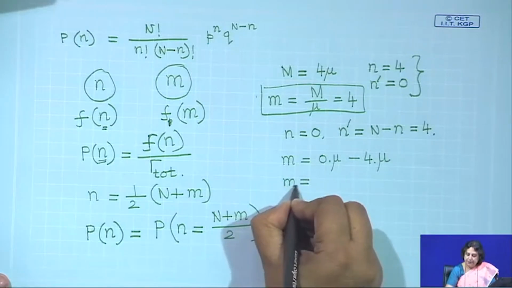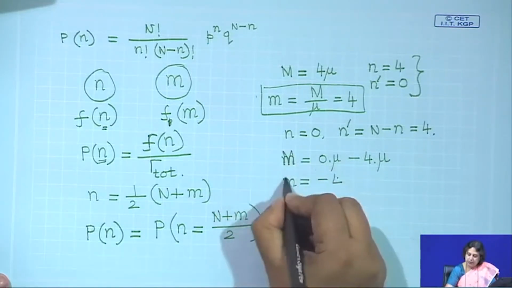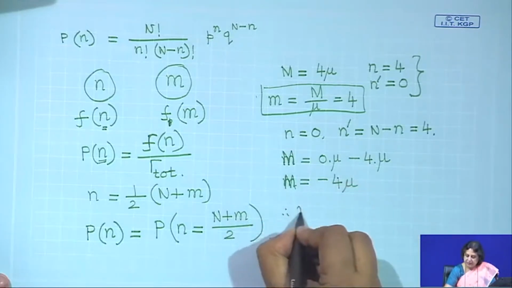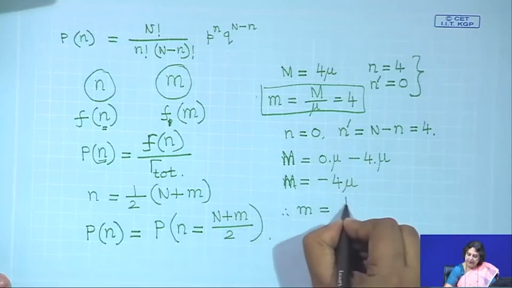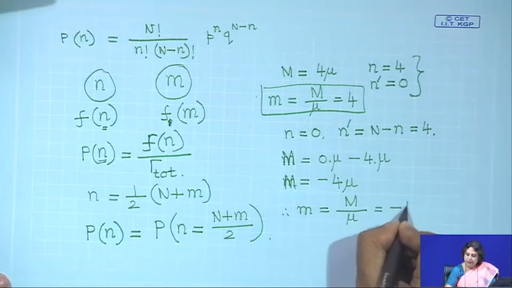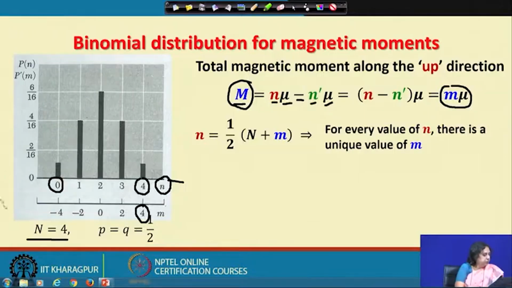Therefore, capital M is going to be minus 4 mu. Therefore, what is small m? Small m by definition is capital M by mu, that is going to be minus 4. So, this is exactly what we have shown in this part of the plot.